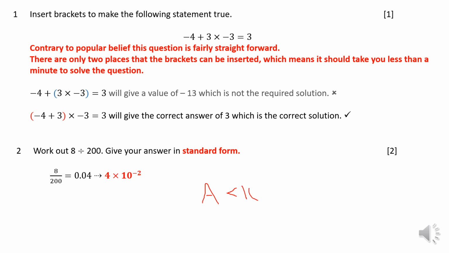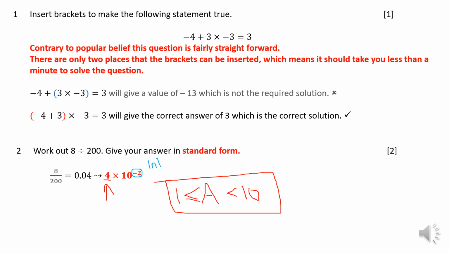As you can see, that 4 is less than 10, but A can be greater than or equal to 1. So it is any number between 1 and 10, but not more than 10. And then the base of 10 is always what we use. Something else I want you to take notice of, and I hope you remember, is that the index or the exponent here should always be an integer.